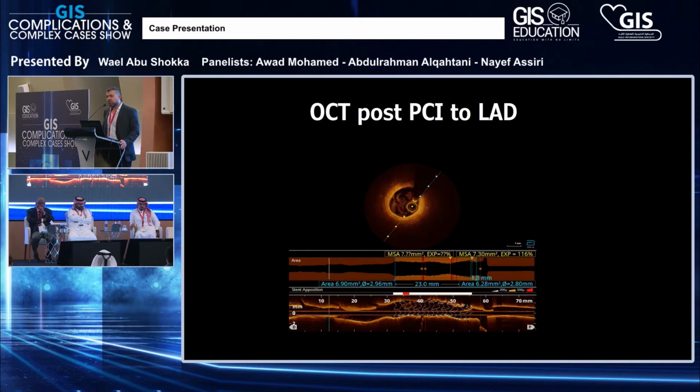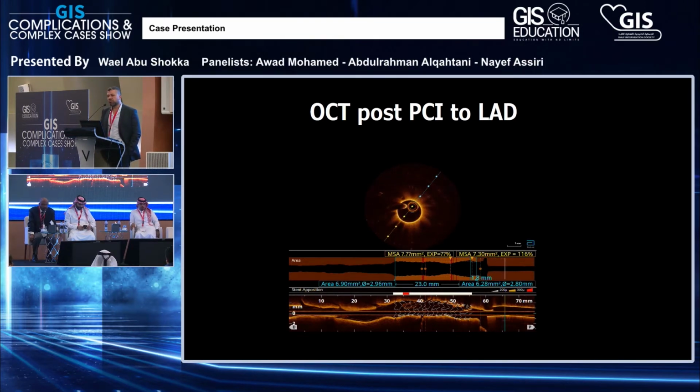What's nice about imaging is that you go home and you know you have a good result. There is no suspicion that they will call you about any thrombosis or complications. Here it was 116% expansion. Minimum diameter was 7.3. It's really good, so we were happy.